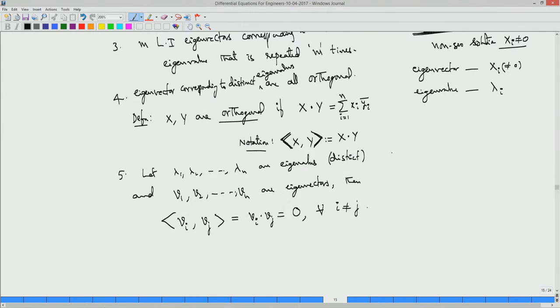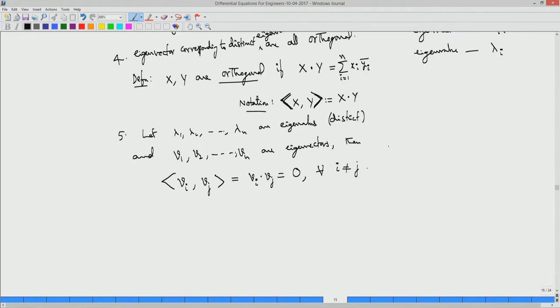So, what if they are repeated? The last point is, what if they are repeated? Suppose lambda 1 and another one, lambda 2, equal to lambda 1, and then lambda 3, lambda 4, and so on up to lambda n. So, only lambda 1 is repeated twice.